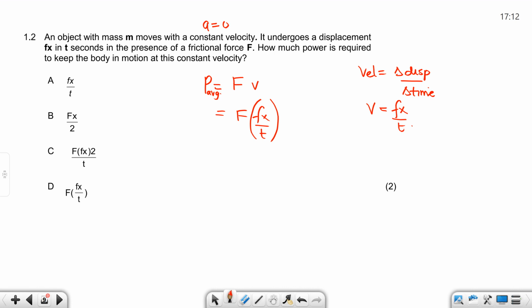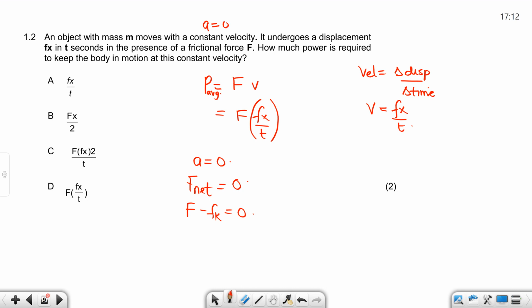I don't know if that makes sense. Let's check something. Because of constant velocity, we know that acceleration equals what? 0. And what do we know? F net is equal to 0. Make sense? How do we get F net? There are two forces here, right? Applied force minus friction equals what? 0. Does that make sense?